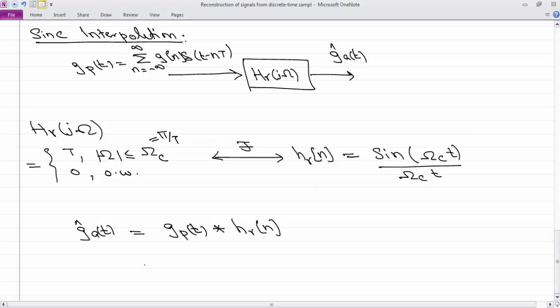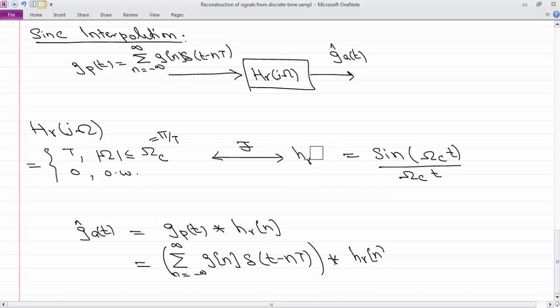So let's plug in the input signal's form, that is the sum over n from minus infinity to infinity, g[n] δ(t minus nT), convolved with h_R(t). We are in continuous time, h_R(t).